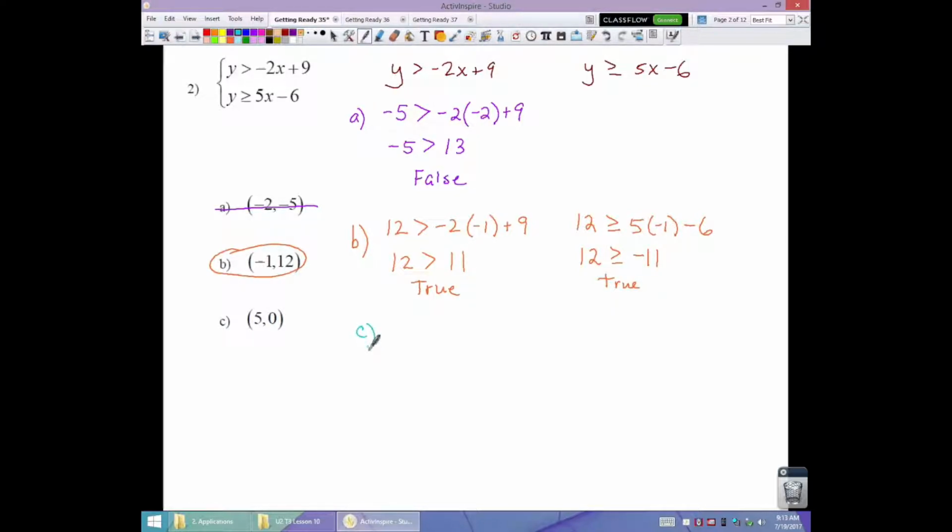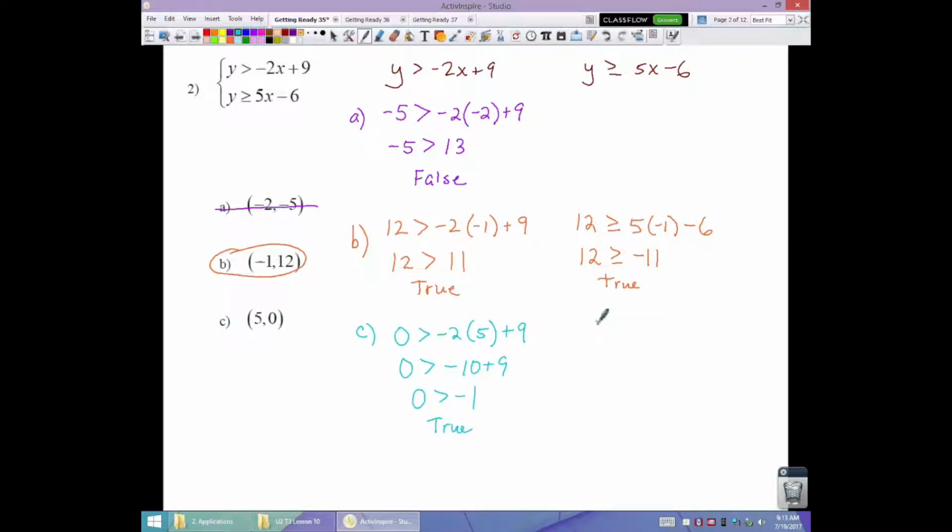And the last one, C. We replace y with a 0, replace x with 5. So 0 is greater than negative 2 times 5 is negative 10 plus 9. Negative 10 plus 9 is negative 1. So 0 greater than negative 1, that is true.